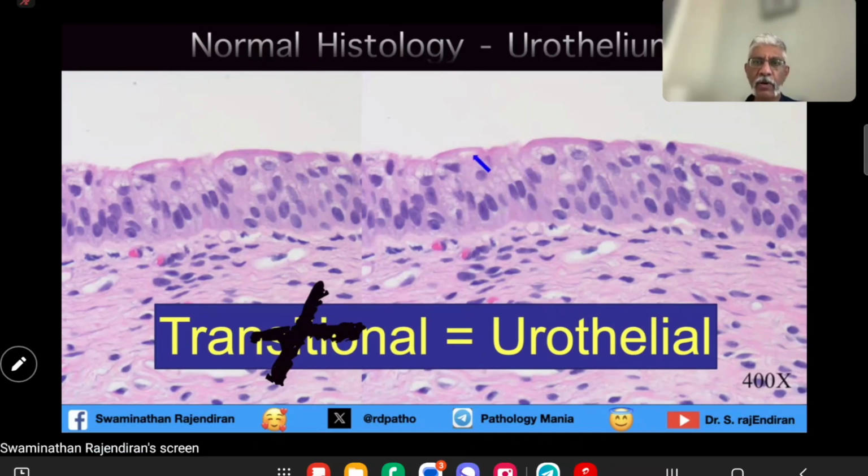That means all the nuclei are traveling in one direction. The very important thing is to know the polarity. The nuclei have to be oval. If it is round, we don't know which is the long axis. So when you see round cell lesions, you should not talk about polarity. We have to talk about polarity only when the nuclei are elongated or elliptical. I hope you all understand. And this is the normal urothelium.